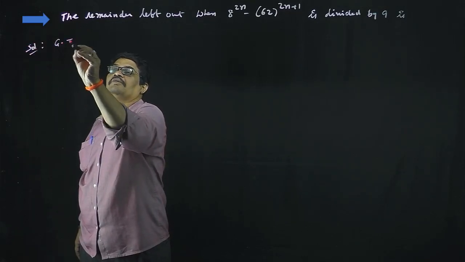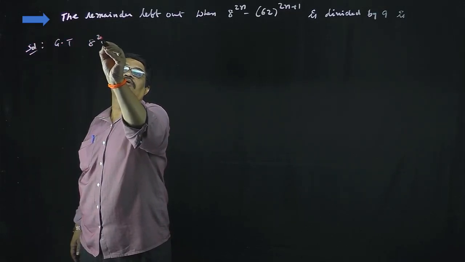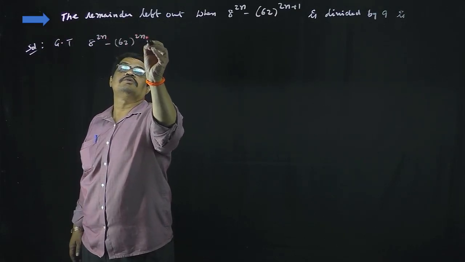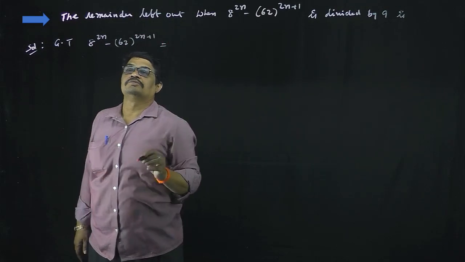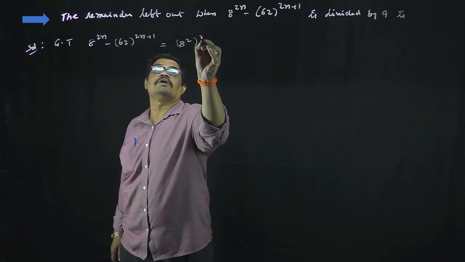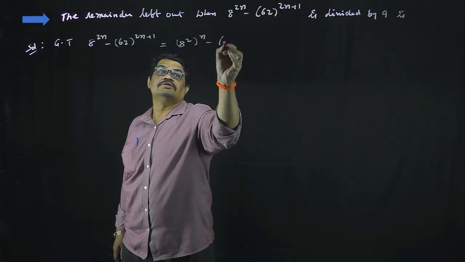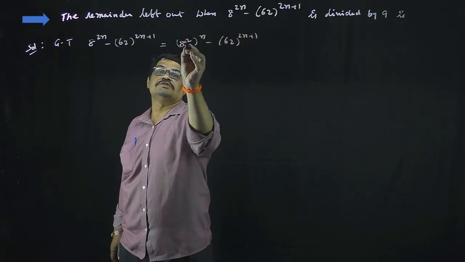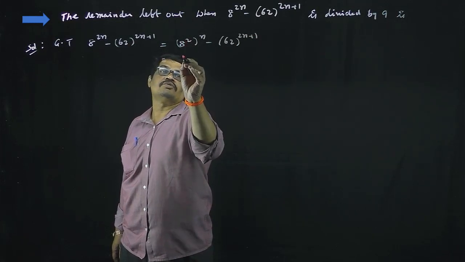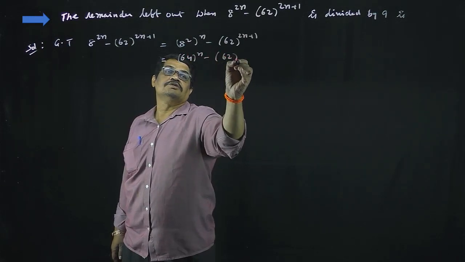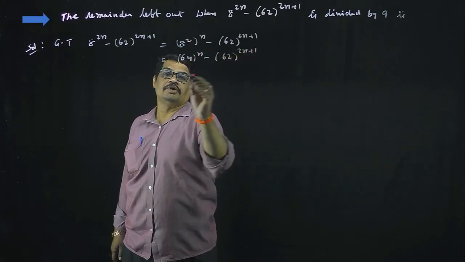So what is the given expression? 8 power 2n minus 62 whole power 2n plus 1. Now this can be written as 8 square whole power n minus 62 whole power 2n plus 1. This 8 square is 64, 64 power n minus 62 whole power 2n plus 1.